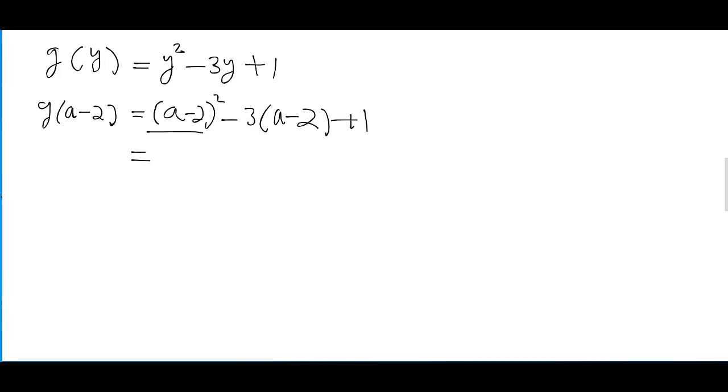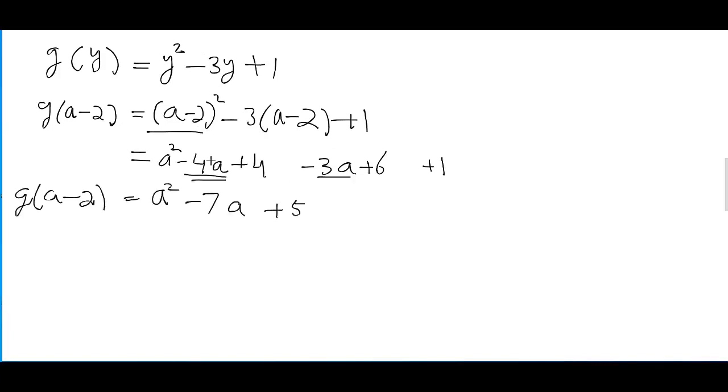We will expand this. After expansion, and we have a square. So just plugging in a minus 2, after simplification we will get this expression, a squared minus 7a plus... so it's not 5, it's 4 plus 6, 10, 10 plus 1, 11. So it is 11. Sorry, it is not 5, it is 11.